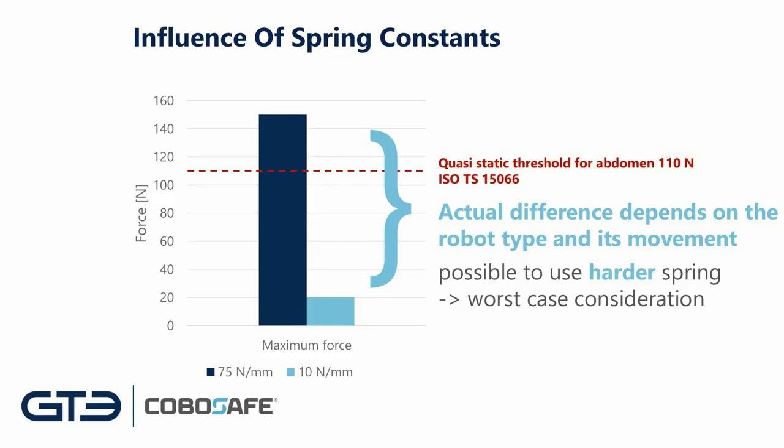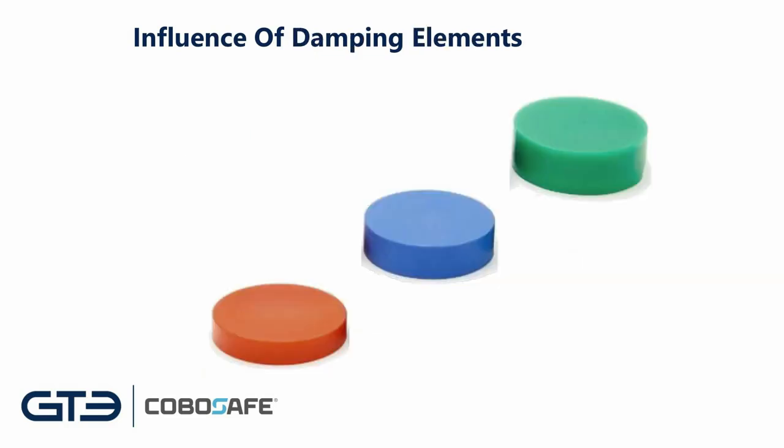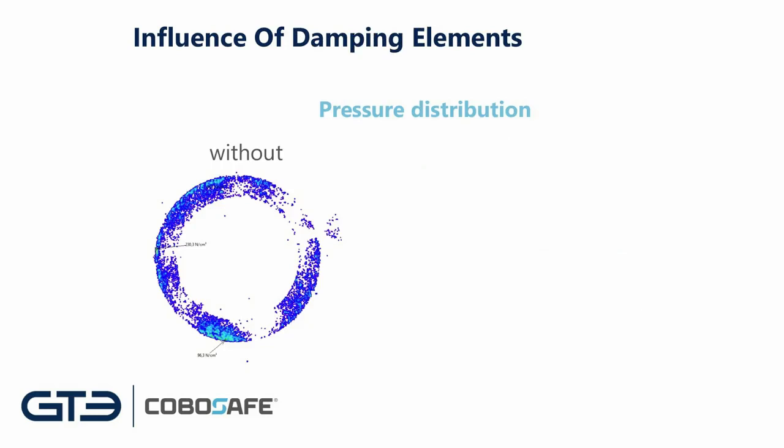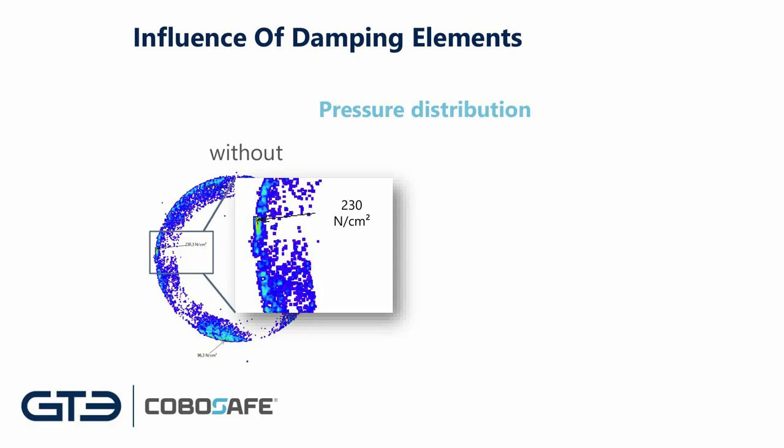Let us now come to the influence of the damping elements. In this example, you can see the pressure distribution of a measured cylinder. It was measured without a damping element, and the pressure is concentrated at the edges with a maximum of 230 Newton per square centimeter.